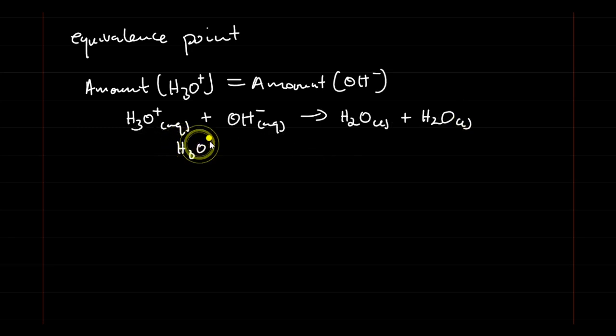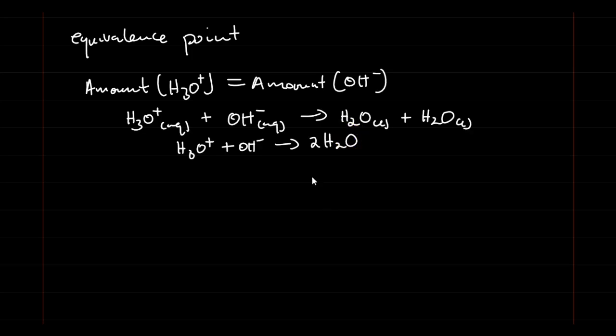When I have 1 mole of acid and 1 mole of base, I end up with something that is neutral, which is water. So I can conclude that when the number of moles of acid is equal to the number of moles of base, I have neutralization. So this is the end of my titration.